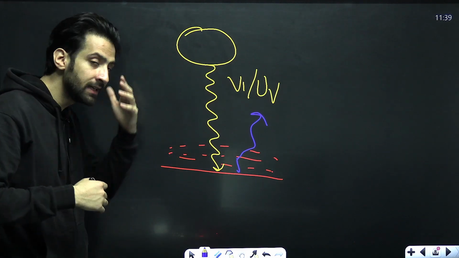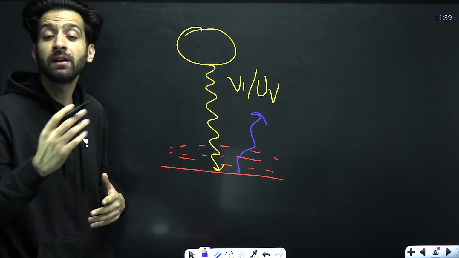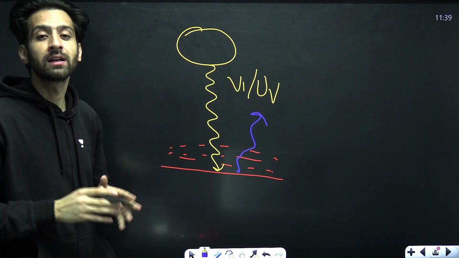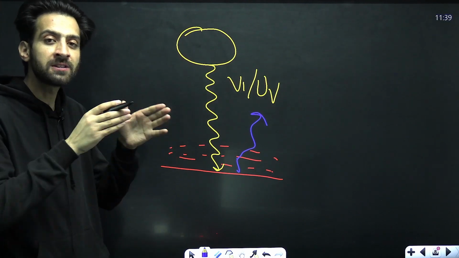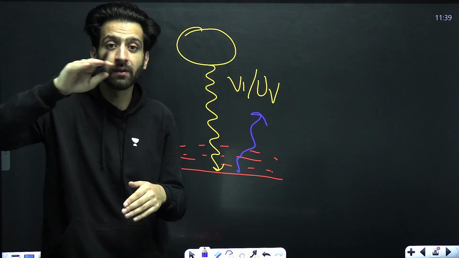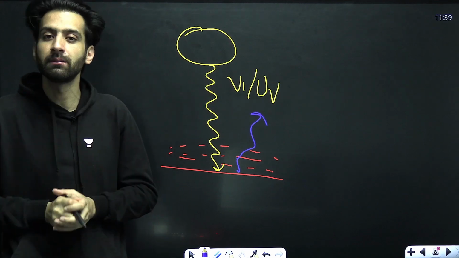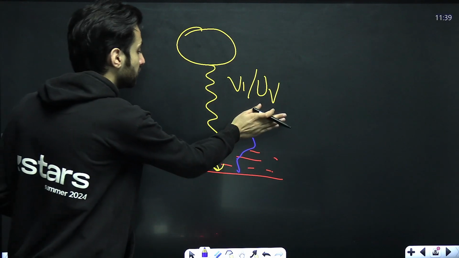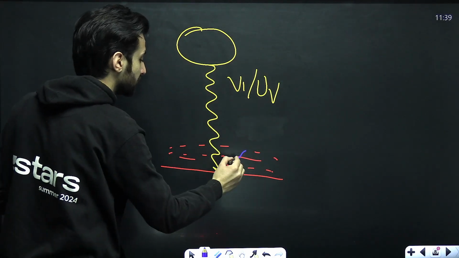So once it releases the longer wavelength, it will not be able to pass through. Carbon dioxide and water vapors will stop it. Methane will stop it because it has got longer wavelength. That is why it has less penetrating power. Because of less penetrating power, it will get stuck in this region. It will not be able to cross this.